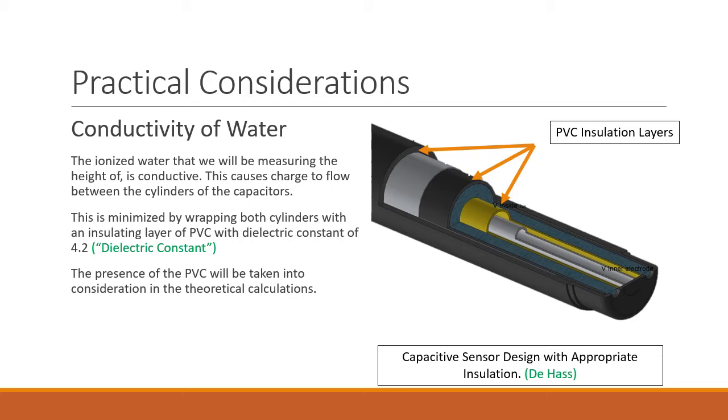I've attempted to minimize this in my design by wrapping both cylinders or electrodes of the capacitor with an insulating layer of PVC, which has a dielectric constant of 4.2, such that neither one of the electrodes or cylinders is ever directly exposed to water or is in contact with the water. This presence of the PVC layers will also be taken into consideration in the theoretical calculations of the design.